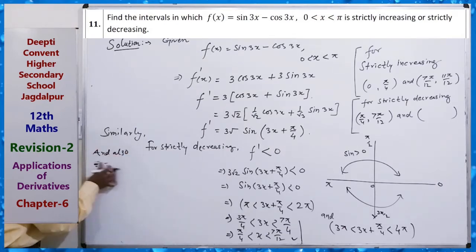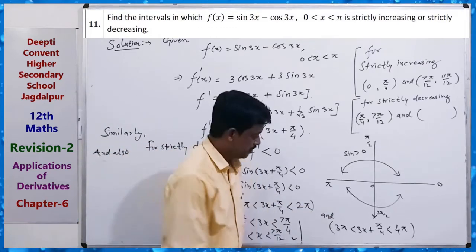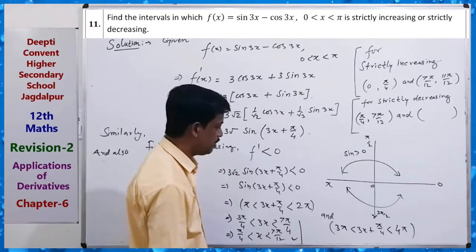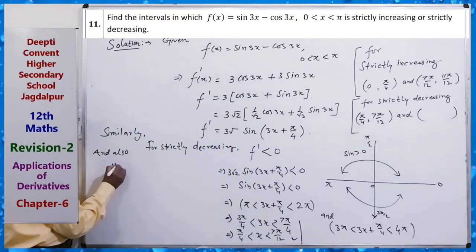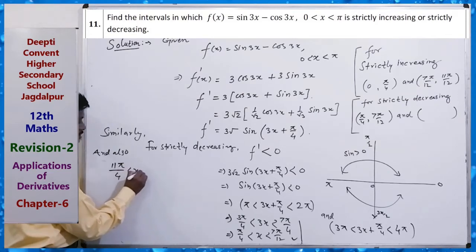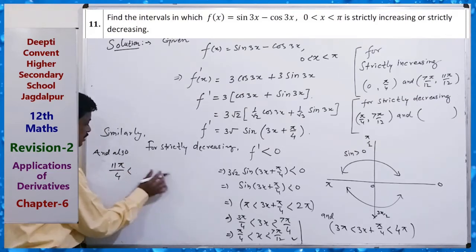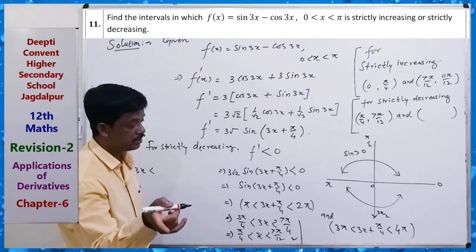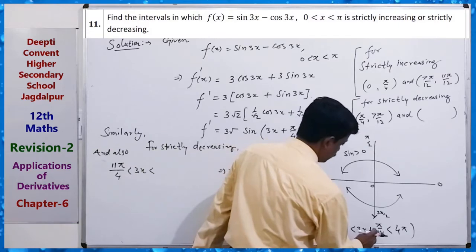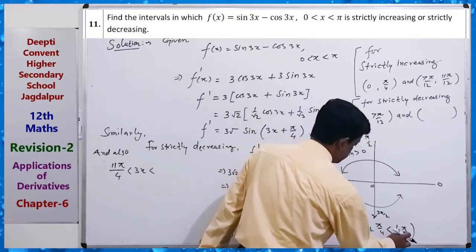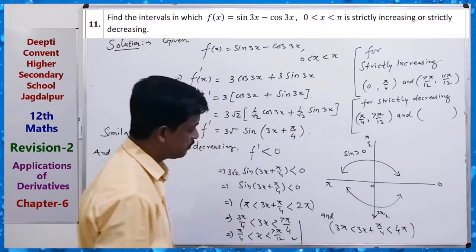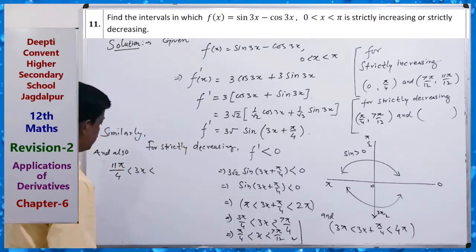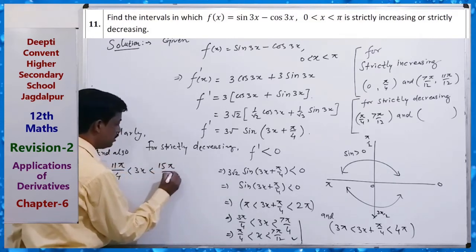And also by taking this, we can find, subtract pi by 4. 3 pi minus pi by 4 is 11 pi by 4, less than 3x less than 4 pi minus pi by 4, which means 15 pi by 4.